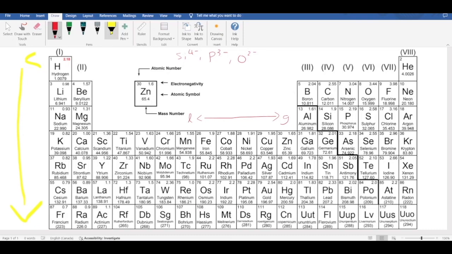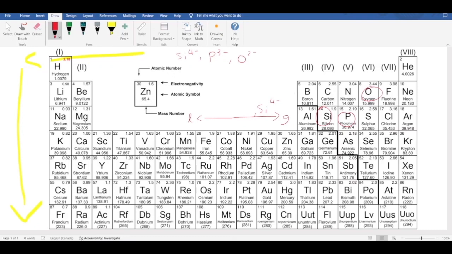Based on the trend, our Si4 minus should be quite great. Why? Silicon has the greatest amount of charge. The more electrons gained increases electrostatic repulsion, wanting to go towards expansion. So the Si would be greatest in terms of its size.